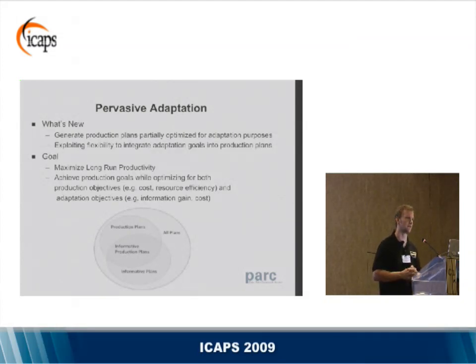We use the flexibility in plans. If there are, for instance, multiple plans which lead to the same goal, then we pick the one which is more informative. So we try to maximize long-run productivity by trading off some of the short-term goals, meaning we may reach the goal not as fast as we could with an alternative, but we will learn something which will help us in the long run. And there are a few assumptions built in here.